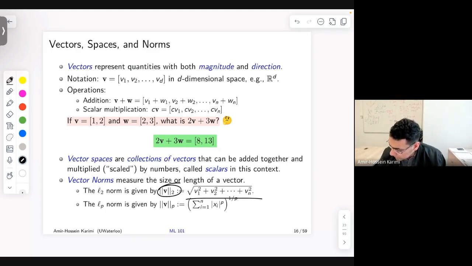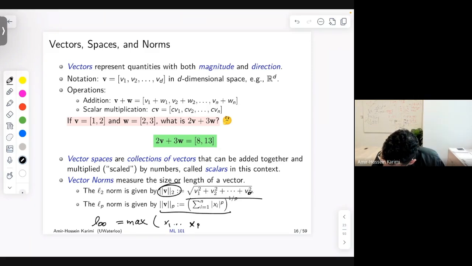More broadly, we had this definition of the Lp norm, and right now Shima mentioned the L infinity norm, which can be written as the max over x1 to xd. The max value over this is captured by the L infinity norm.